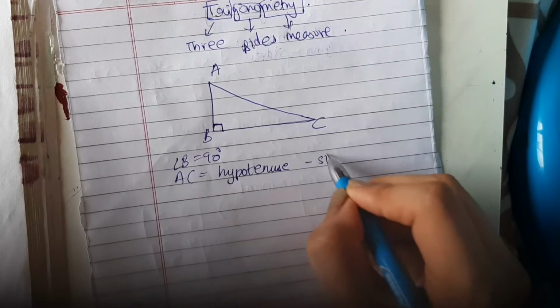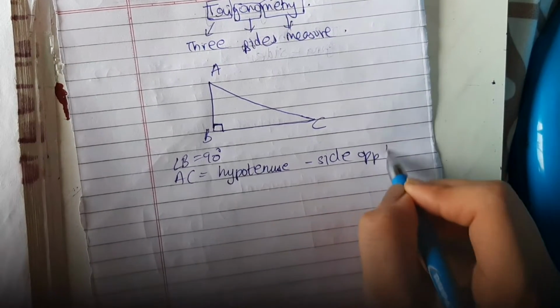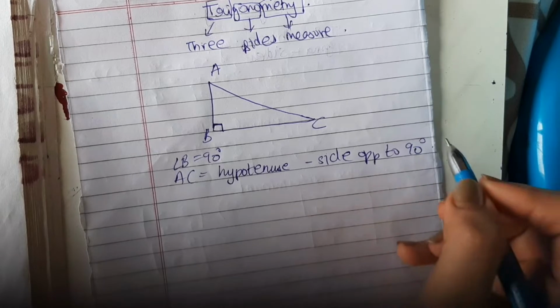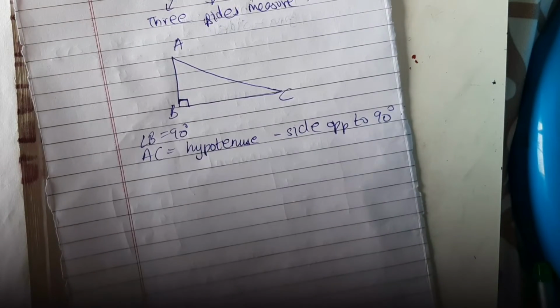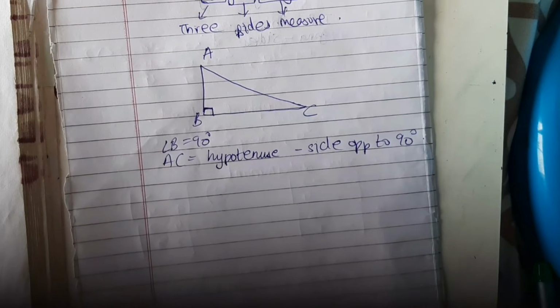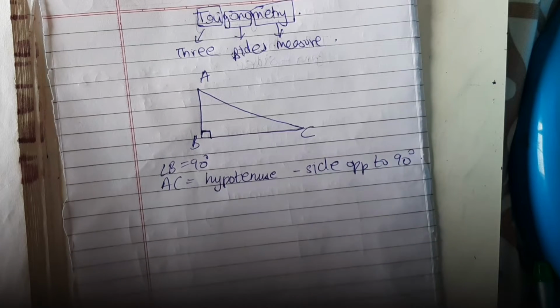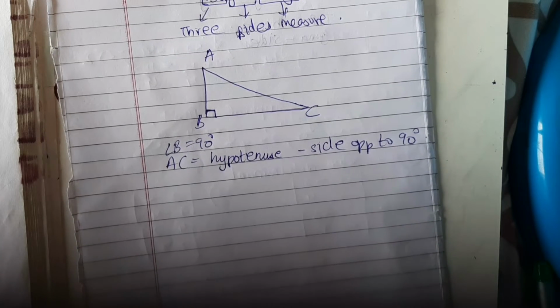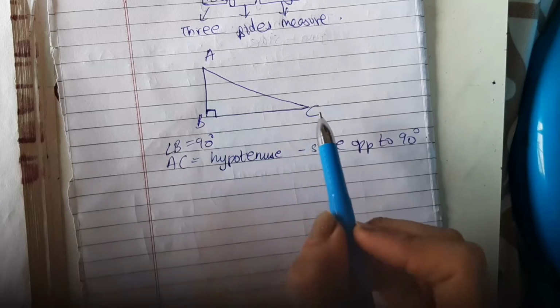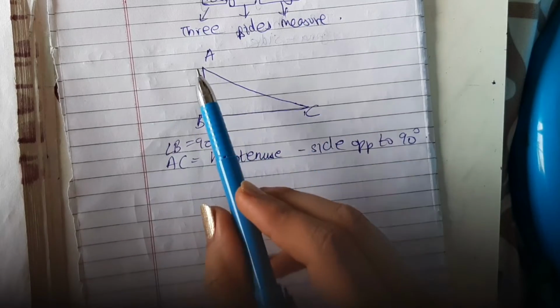Hypotenuse means the side opposite to 90 degrees. These are the basic concepts you should know. You don't need to mug up, you just need to understand. Now AC is the hypotenuse of triangle ABC.